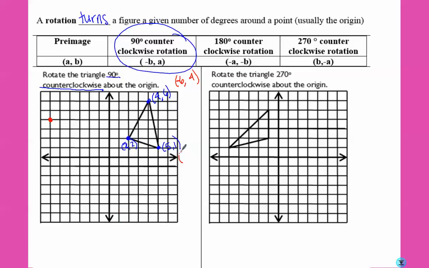The coordinate 5, 1. Switch the order, make the first one negative, negative 1, 5, and then 2, 2, switch the order, and make the first one negative, and negative 2, 2.